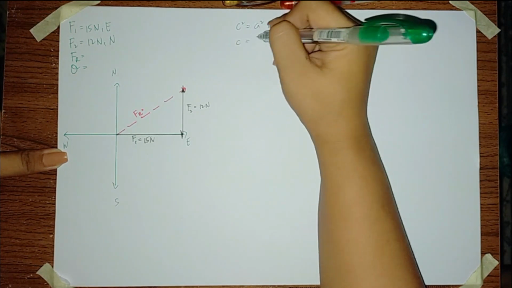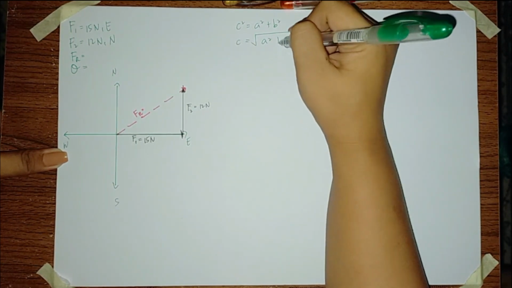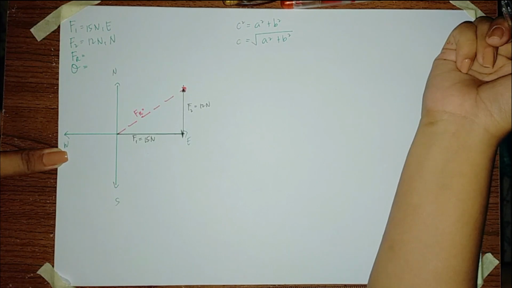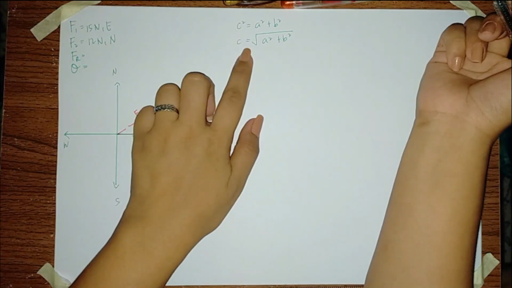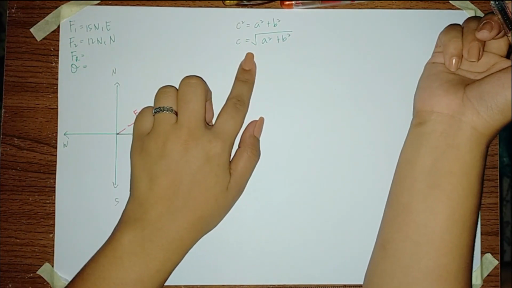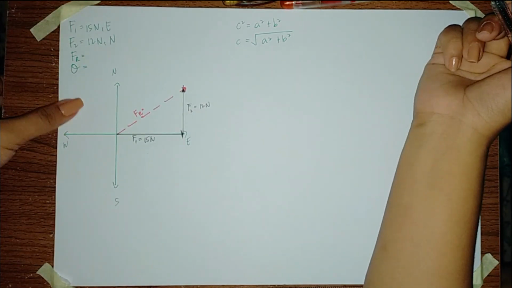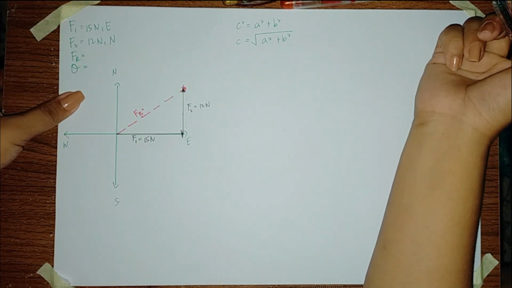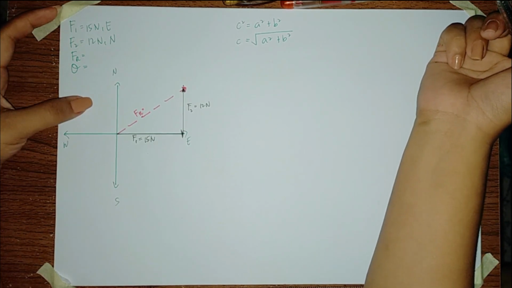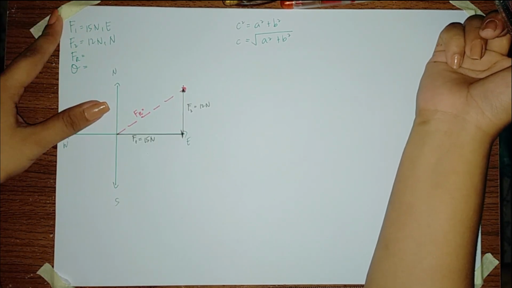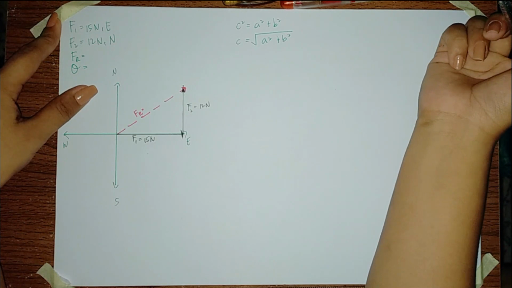Or we can have c is equal to the square root of a squared plus b squared. Now, if you can see here in our equation, we used a, b, and c. But in our given, we have the variable F. The reason why we use F as variables is because we are using forces.